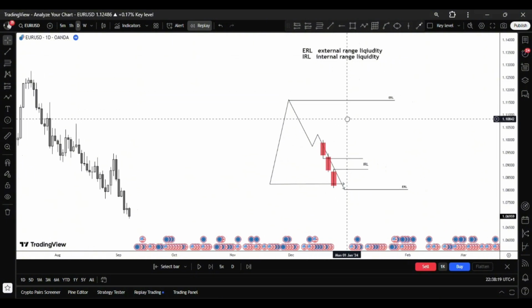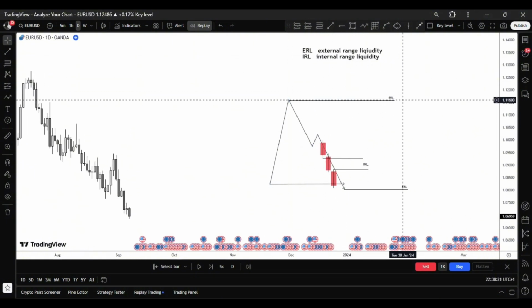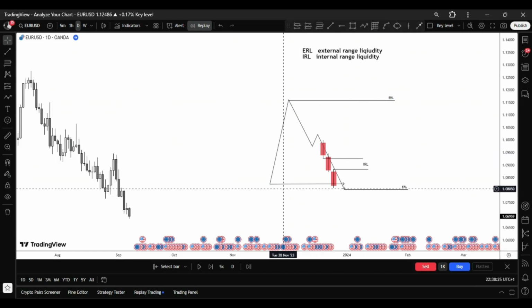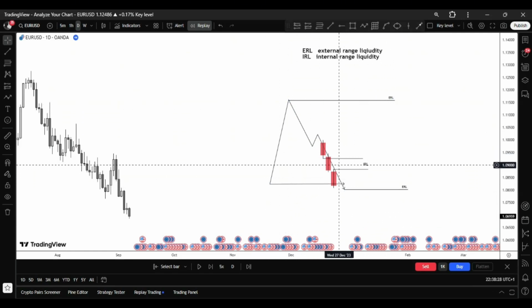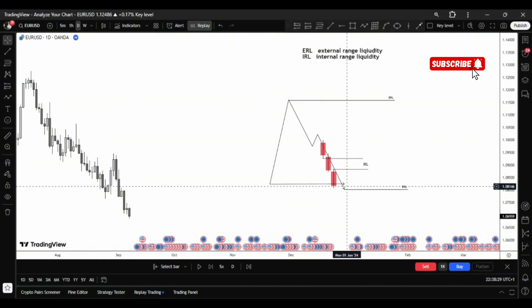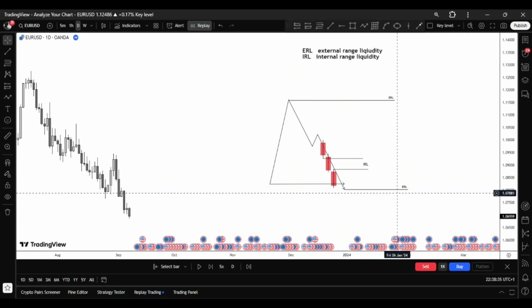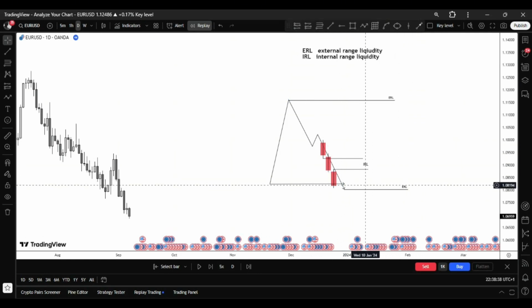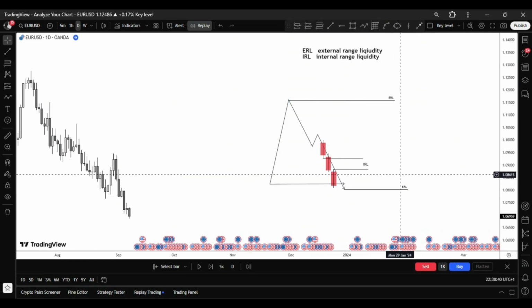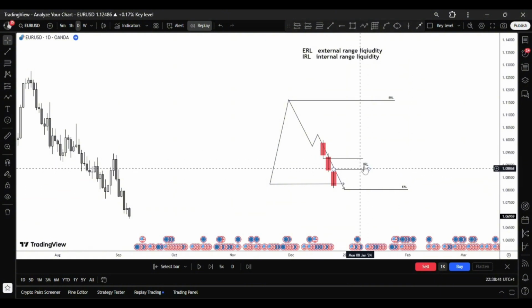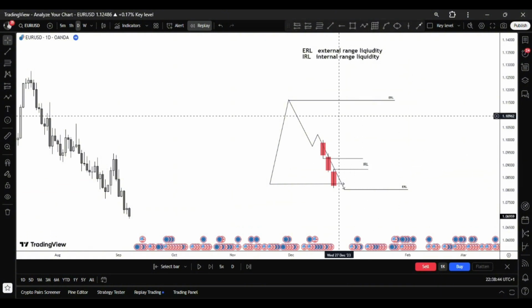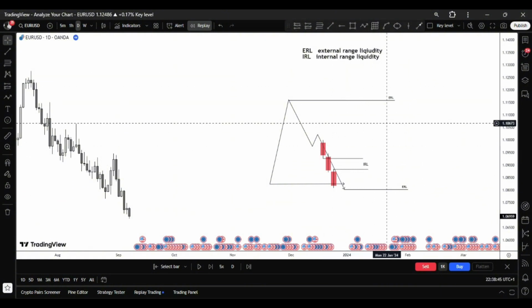As you can see in the diagram, this is your swing high, which is also our external range liquidity. This is a swing low, which has been taken out, which is our external range liquidity. In this case, our external range liquidity has been taken out, which is the swing low. What are we anticipating for price to do next? The next thing we want is for price to trade back into our IRL, our internal range liquidity.